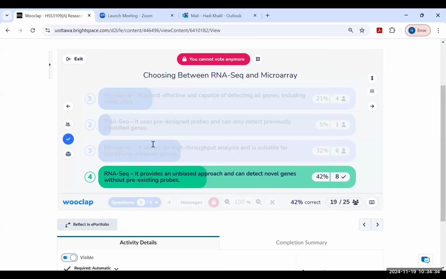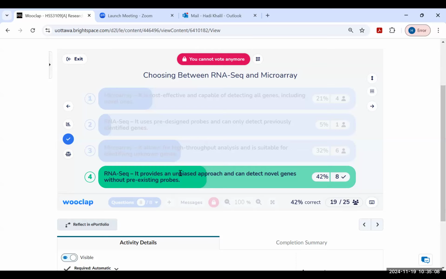Microarray allows for high throughput analysis and is suitable for identifying unknown genes. Yes, here there is a small part you can consider high throughput analysis, but on a very minor scale, and it's definitely not suitable for identifying unknown genes. We should know the genes and their probes. It's similar to number one, but formulated in different language.